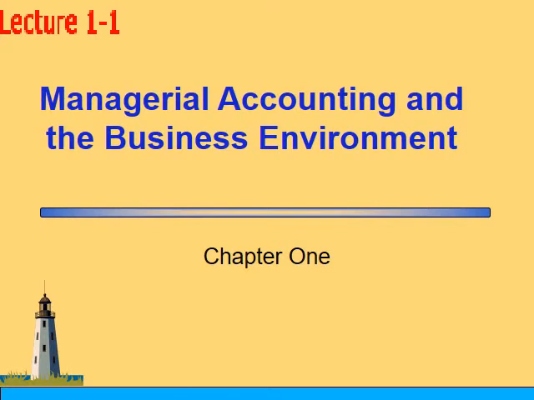Our chapter 1 is managerial accounting and the business environment. This chapter basically serves two main purposes, and the rest, like defining some concepts, are secondary; you are only required to go through the concepts that we are discussing here.